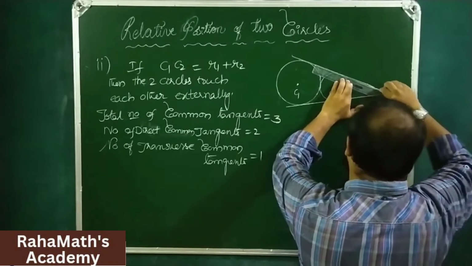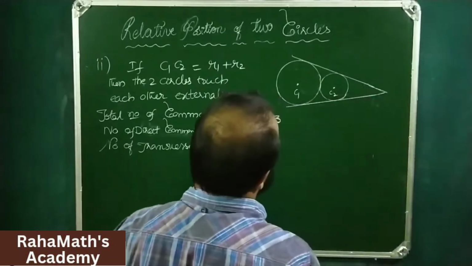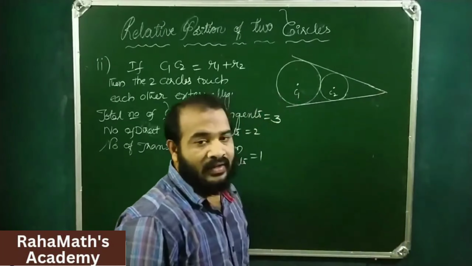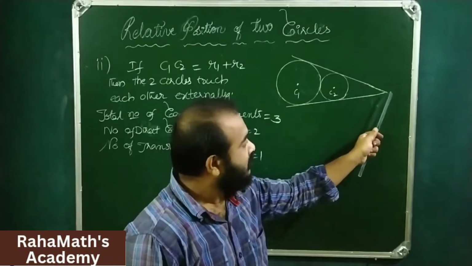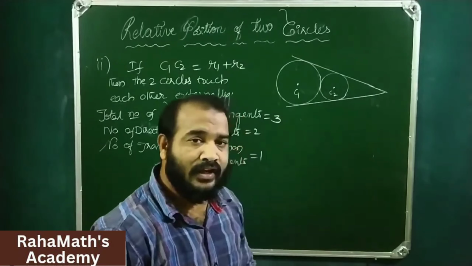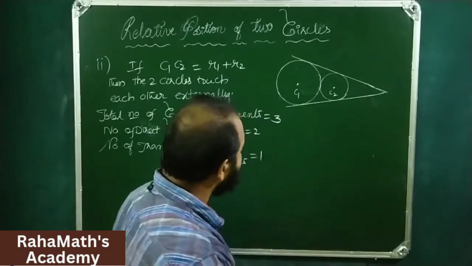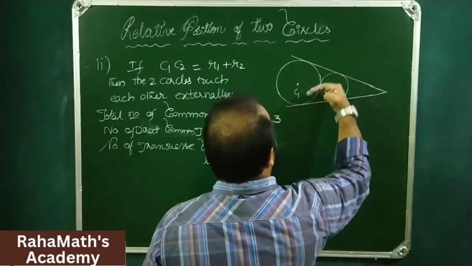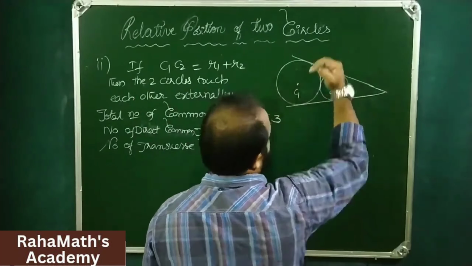Let them meet at one point. This is called the external center of similitude. External center of similitude is the point of intersection of two direct common tangents. Can you guess why these two lines are direct common tangents? Because with respect to this line, these two circles lie on the same side, and with respect to this line, these two circles lie on the same side.